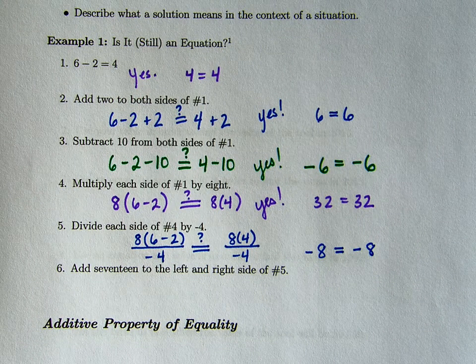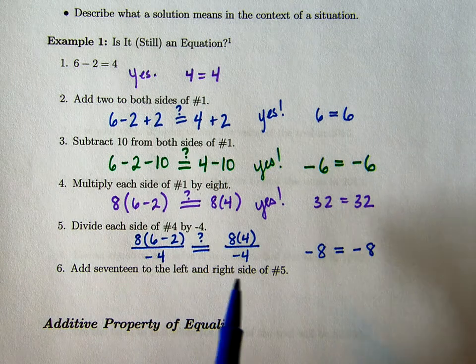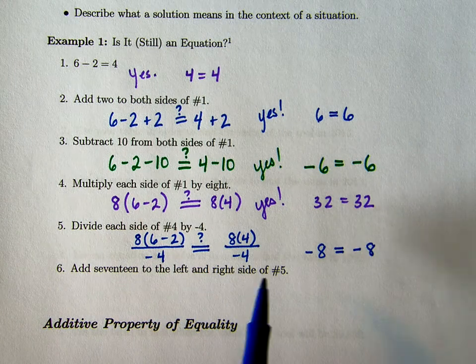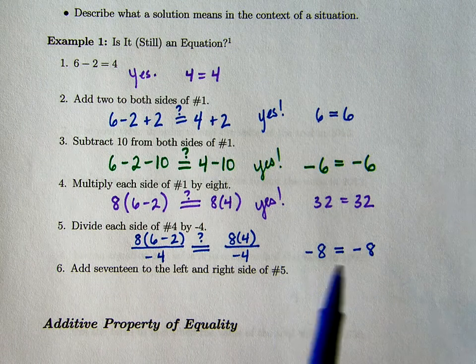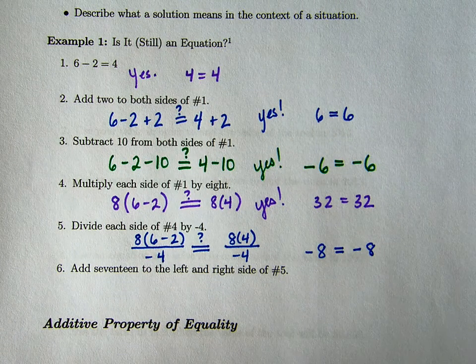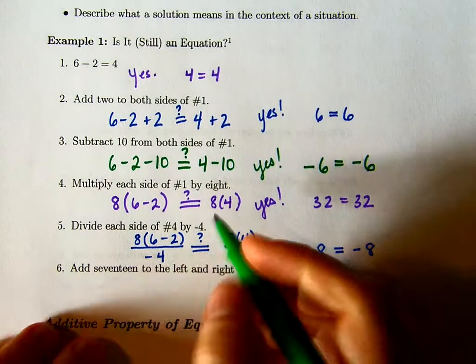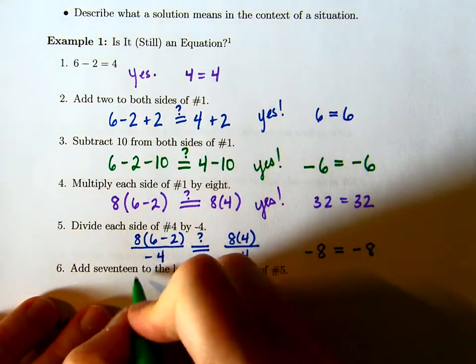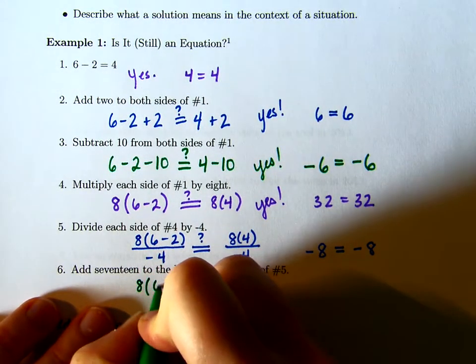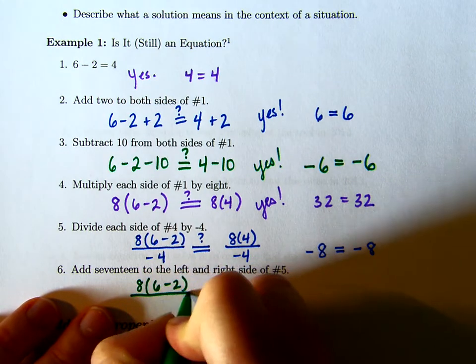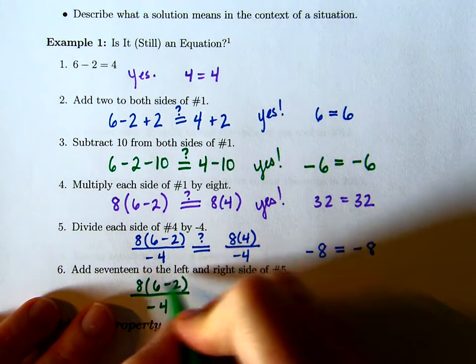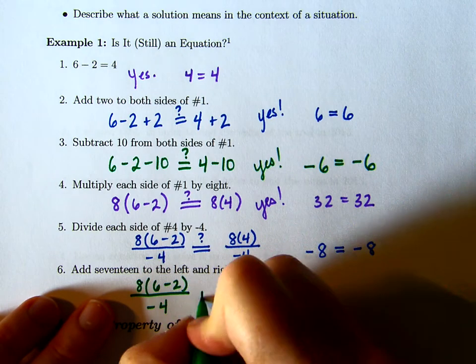Add 17 to the left and to the right of the equals sign in number 5. It's going to look messy, it's fine. The left side would look like 8 times the quantity 6 minus 2, all divided by negative 4, but then add 17.